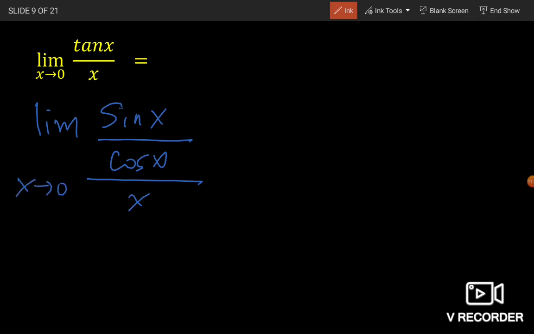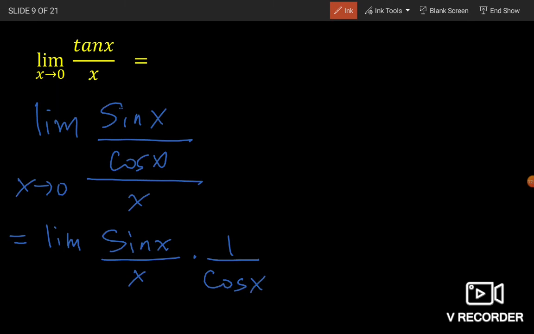Now, sine x over cosine x divided by x is equal as well to sine x over x multiplied by 1 over cosine x. Okay, we simply simplify this.